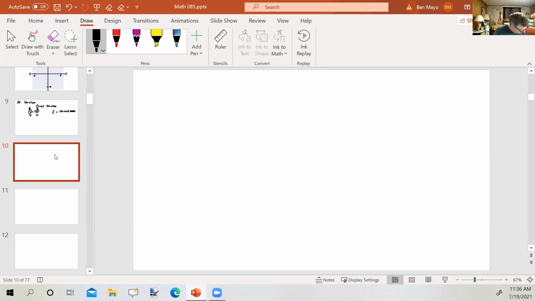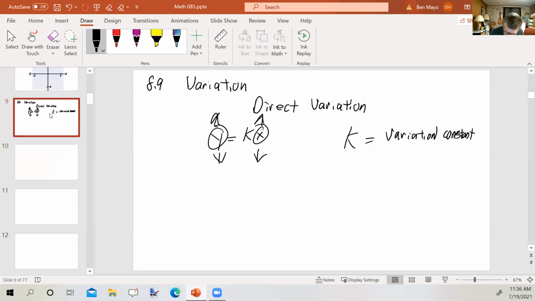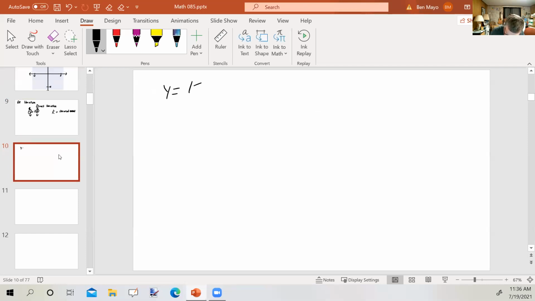So let's take a look at an example of that. This says free fall. An object in free fall travels a distance s that varies directly to the square of the time t. Now I wrote y equals kx as a general description of direct variation, but in this case our variables are s for distance and t for time.